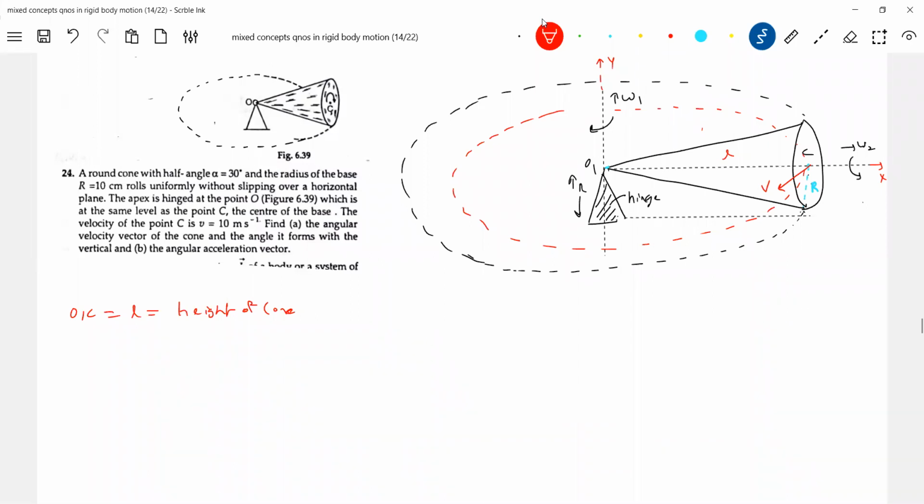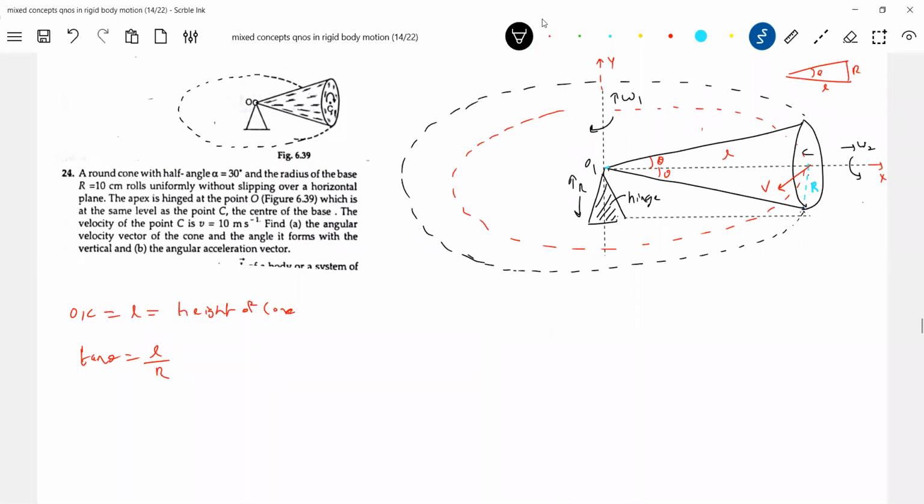Okay, let's define one by one. From the cone, let me take the half angle theta. We have a triangle here. So what is tan theta? Tan theta will be L by R.